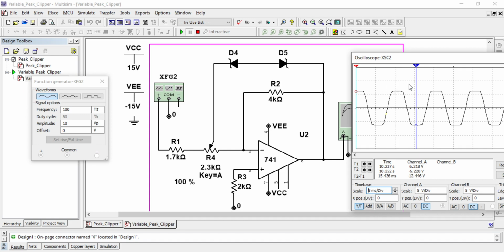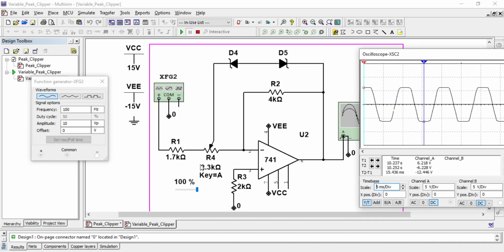In this way we have designed a variable peak clipper circuit with very precise values at the output of the op-amp.